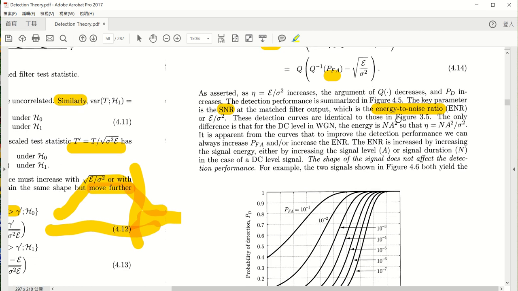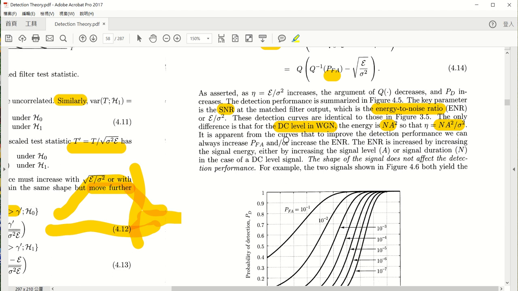The other example is the DC level example that we mentioned in our previous sessions. Then the energy part will be Na squared. So eta will be Na squared over sigma squared.